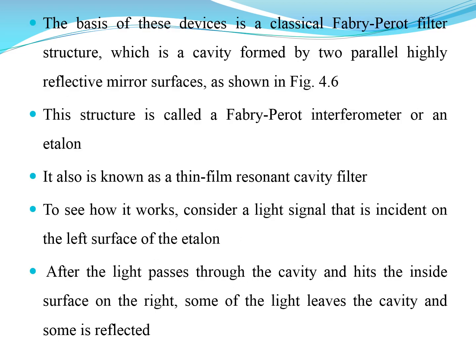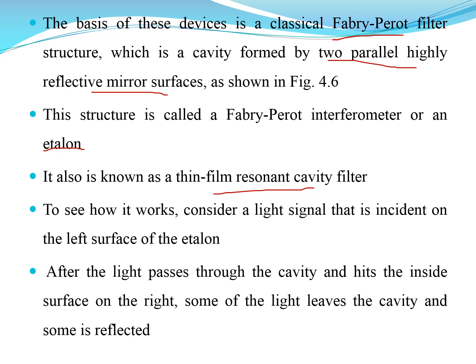The basis of this device is a Fabry-Perot filter, which is a cavity formed by two parallel highly reflective mirror surfaces, which we have seen in the diagram. It is also termed an etalon, and sometimes a thin film resonant cavity filter.